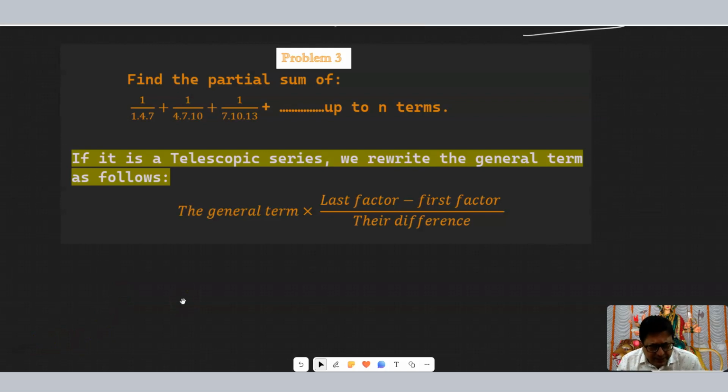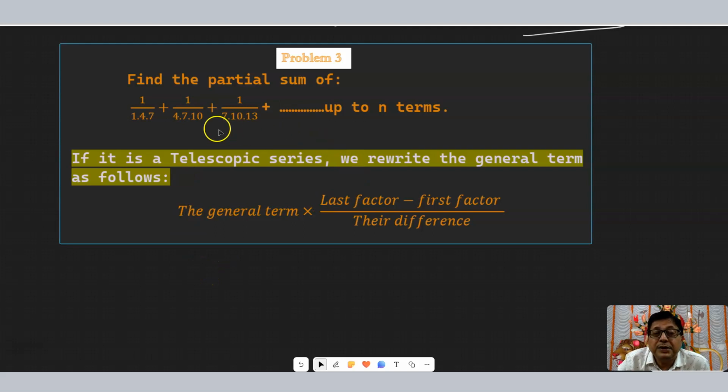Problem 3 will give you some trouble, because here there is a product of 3 terms. If 2 terms are there, that you can manage by writing the difference the way I showed you. But if 3 terms are there, then this will be telescoping. Why telescoping? That I have explained. Because those first terms are in AP, the same AP 1, 4, 7, 10, 13, they form an arithmetic progression. So it is a telescoping series.